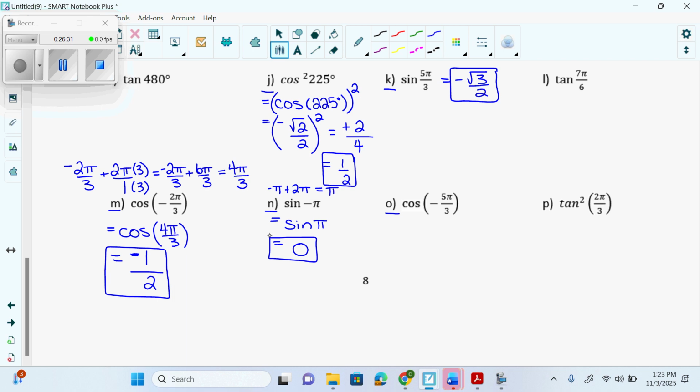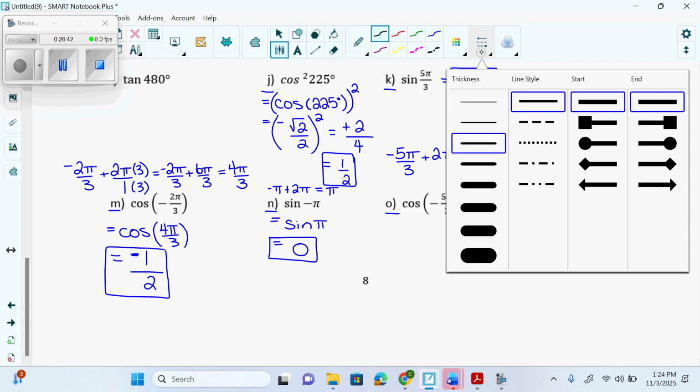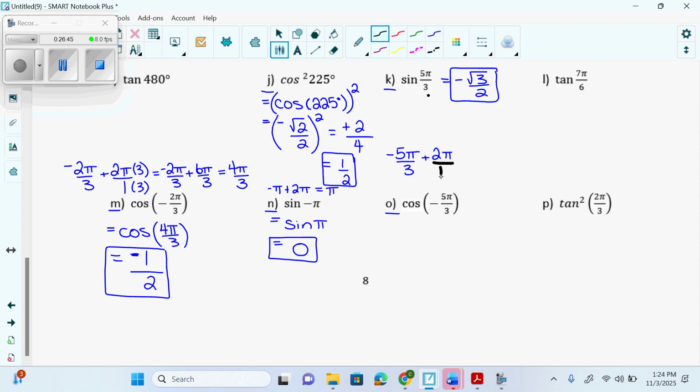Then negative 5 pi over 3, although it's lovely, is negative. So I'm going to go negative 5 pi over 3 plus 2 pi to get it to be positive. Then I need a common denominator in order to add them. This is over 1. And I'm going to times this by 3, because when I do the bottom, I have to do the top. And so I'm going to get negative 5 pi over 3 plus 6 pi over 3 equals pi over 3.